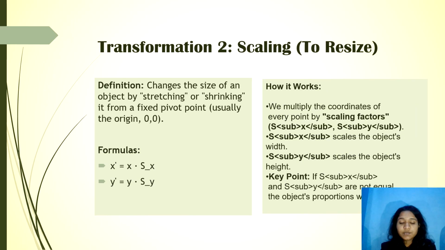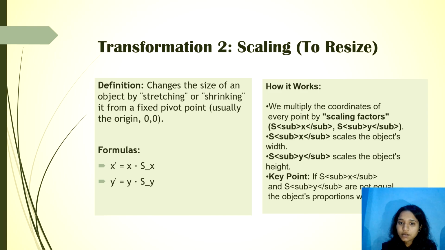The next transformation is scaling, to resize. The definition for scaling is that it changes the size of an object by stretching or shrinking it from a fixed pivot point, usually the origin 0, 0. The formula for scaling is x dash is equal to x into sx and y dash is equal to y into sy.